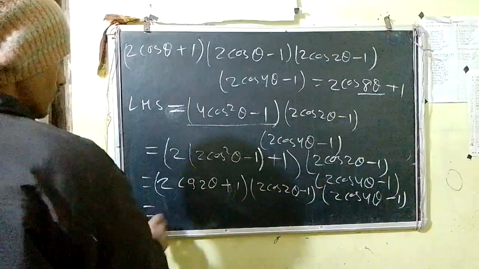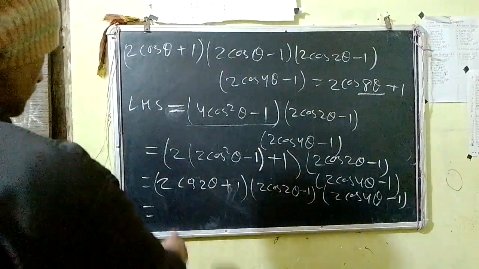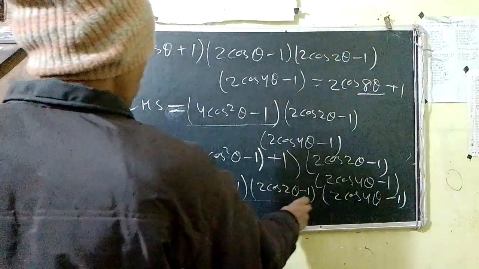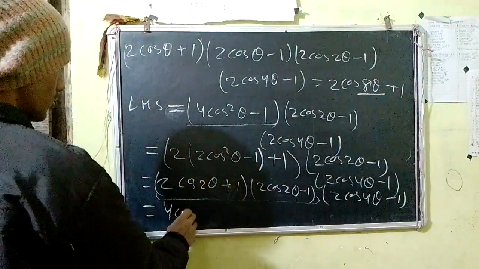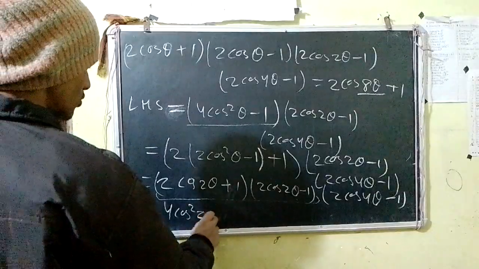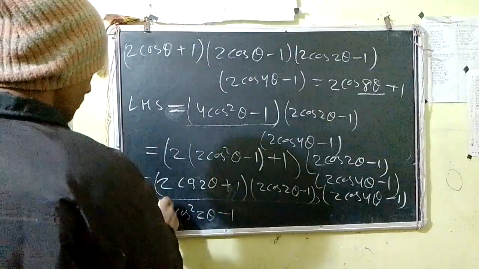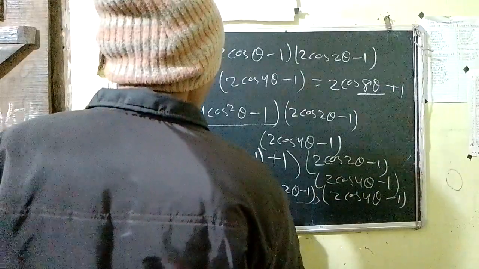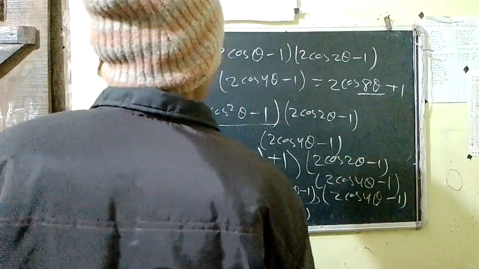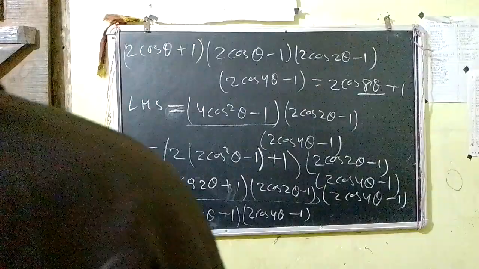Furthermore, we can perform algebraic operation on this and write it down as 4 cosine squared 2 theta minus 1 times 2 cosine 4 theta minus 1. Let's solve it.